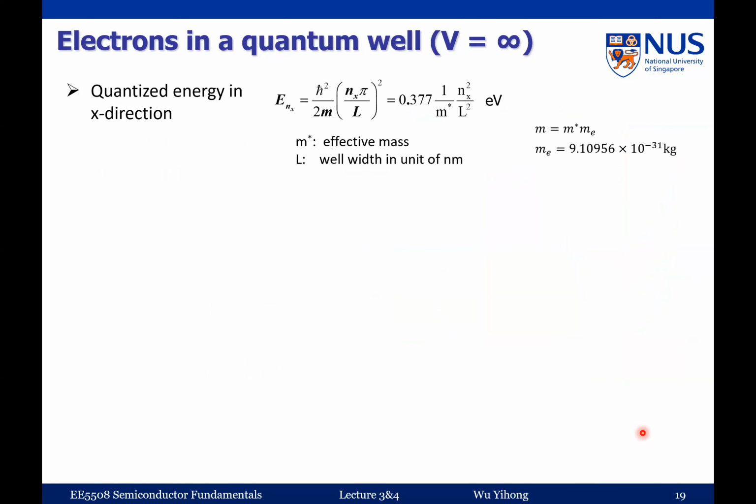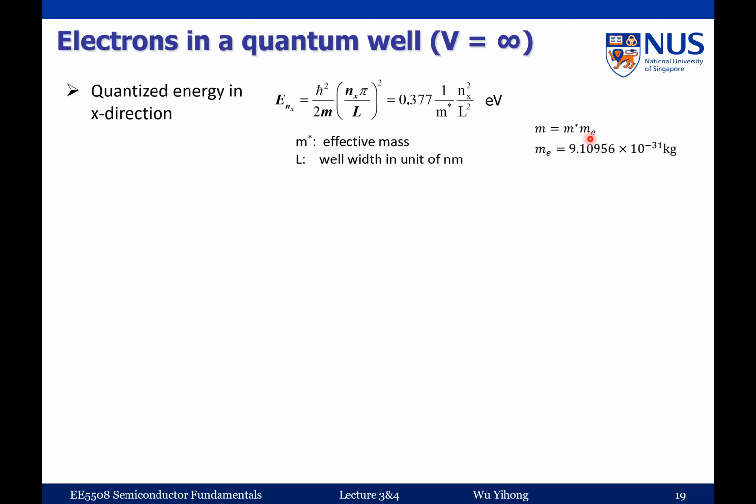Okay, so now we can try to calculate what the quantized energy levels in the x direction are. So this is what we just derived. Now, in order to deal with the situation in a real material, we change this m into m star, which is the effective mass.